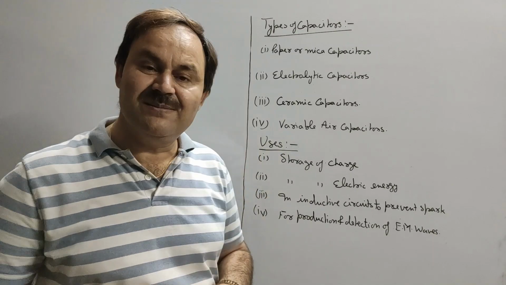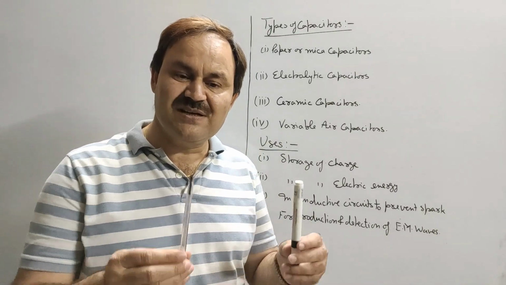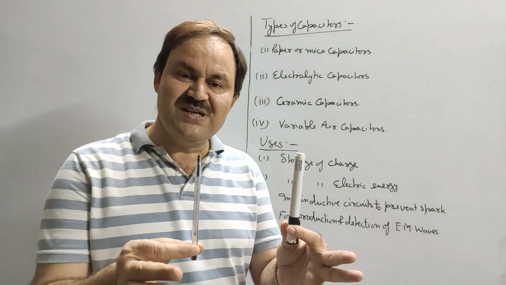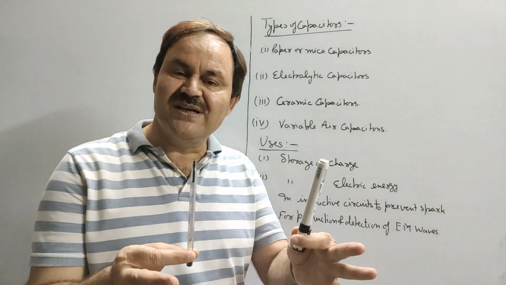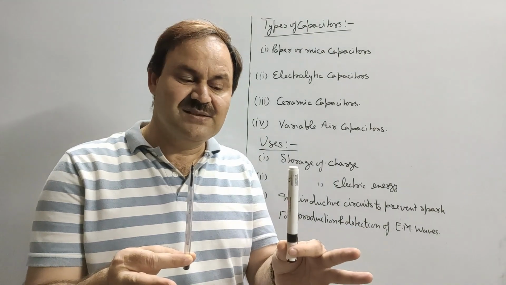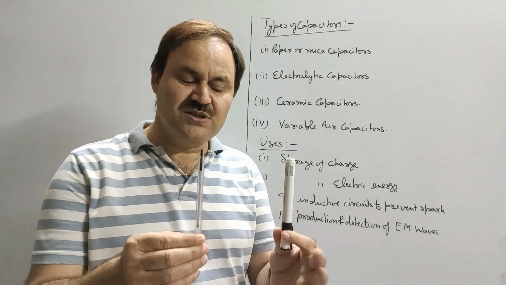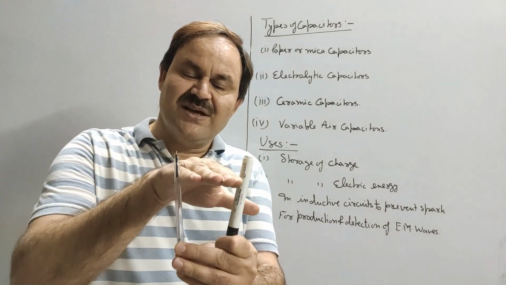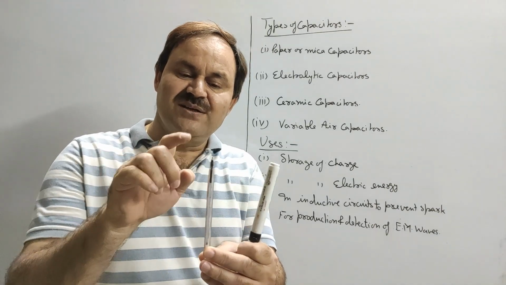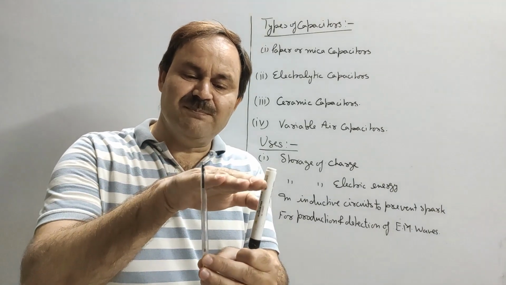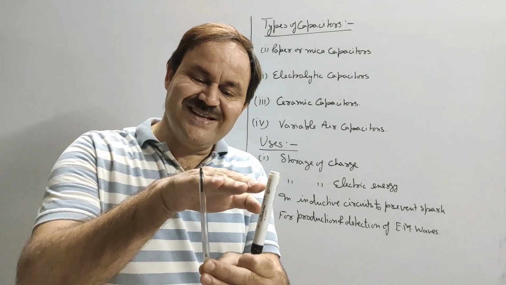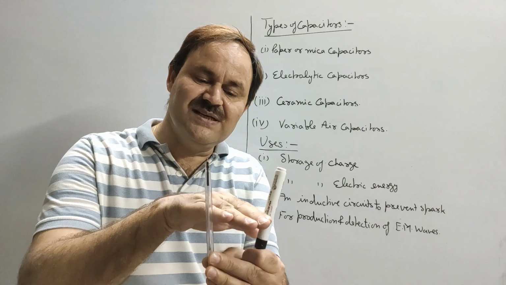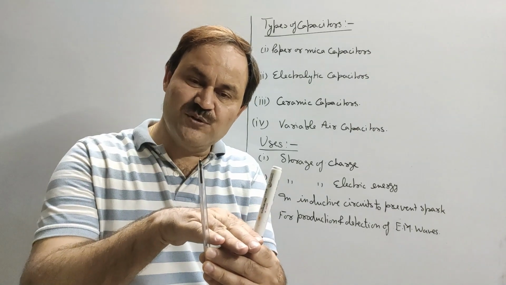Now we come to the variable air capacitor. A variable air capacitor will have two vertical rods, out of which one will be fixed and another will be capable of rotating about a vertical axis. These two vertical rods will have sets of semicircular plates attached to them. Say to the first rod, the plates are fixed at a certain separation. Say first one is here, another is here, third one is here, fourth one at another lower position.